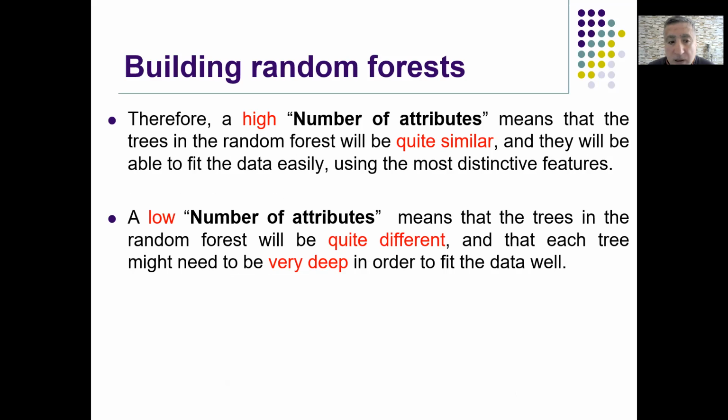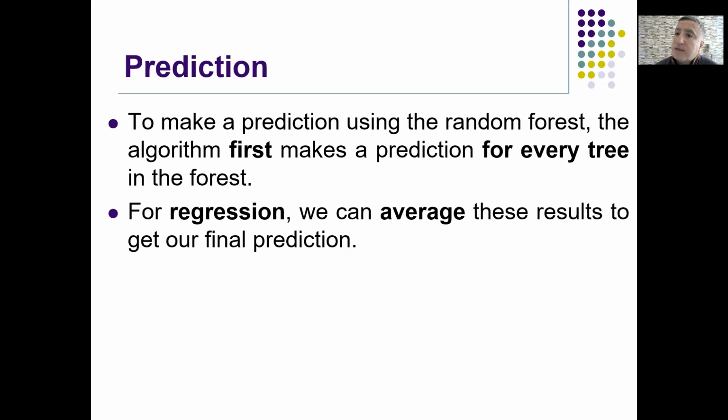A low number of attributes means the trees will be quite different, and each tree might need to be very deep in order to fit the data well. So basically, we need to decide the number of attributes by observing the train and test accuracies, to decide the point between underfit and overfit.